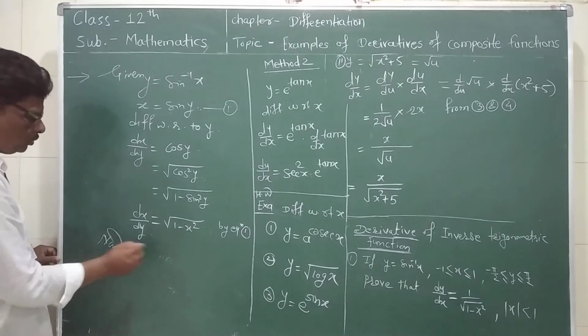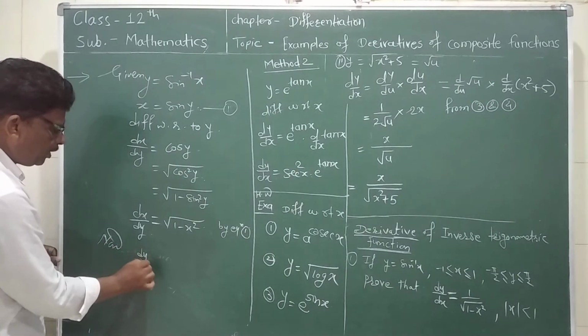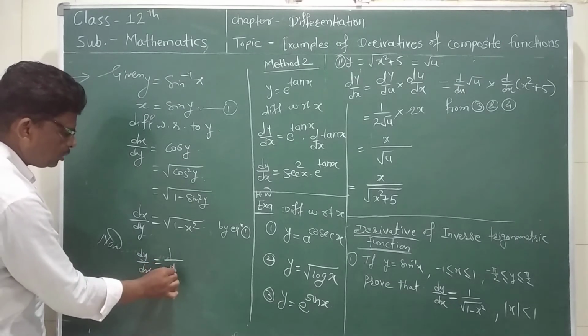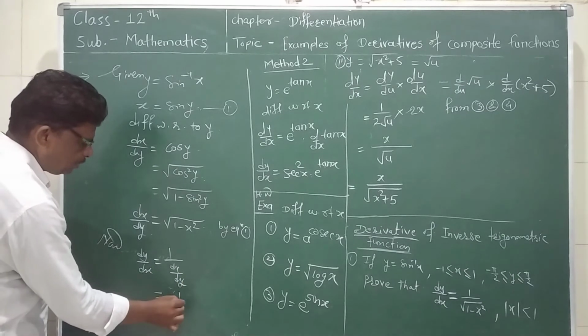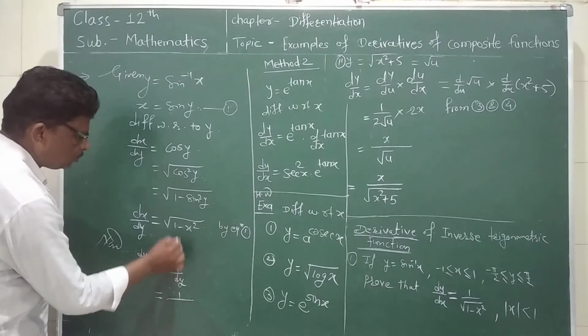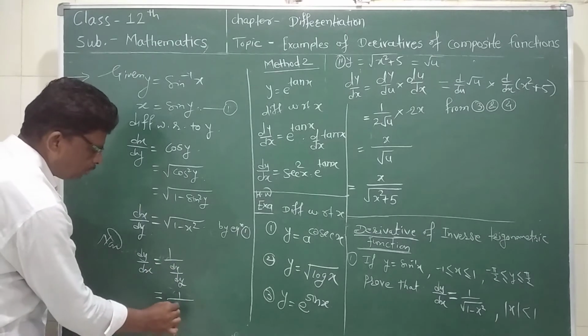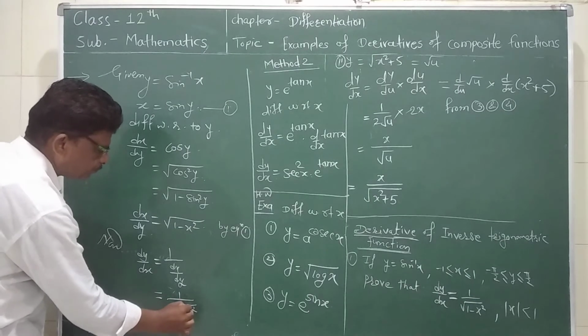Now, as an inverse function, dy by dx is equal to 1 upon dx by dy. So that is equal to 1 upon, put this value, dx by dy, under root 1 minus x square.